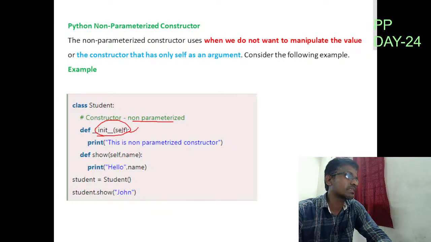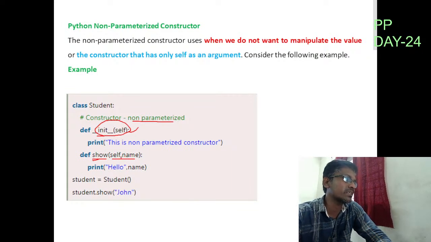In this example, I am not going to pass any arguments inside the init function except the self argument. I am going to use one function called show, and inside the function I pass self as the first argument, followed by name, and I want to print that name.